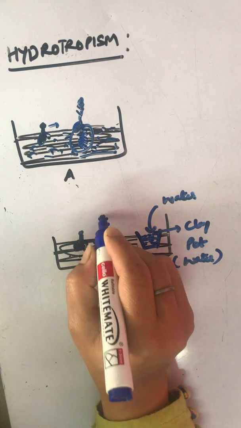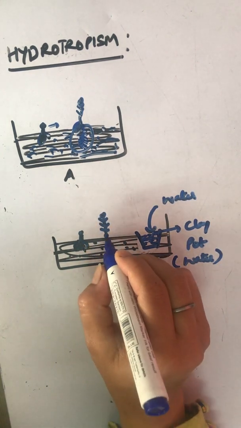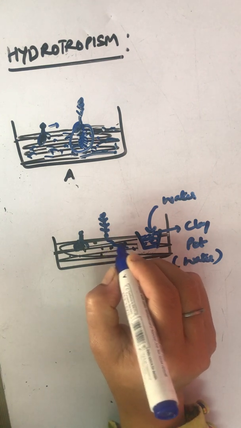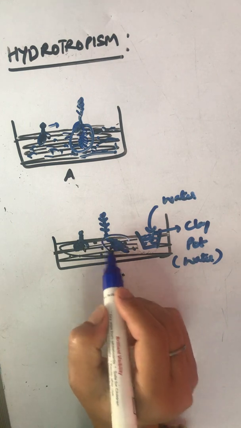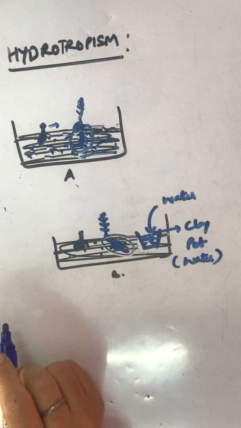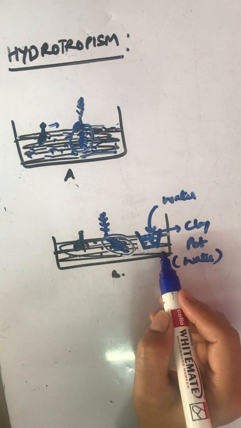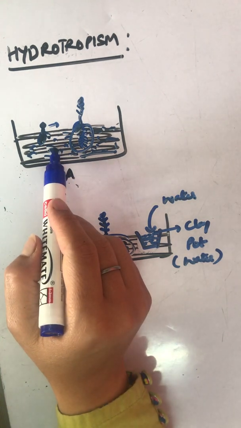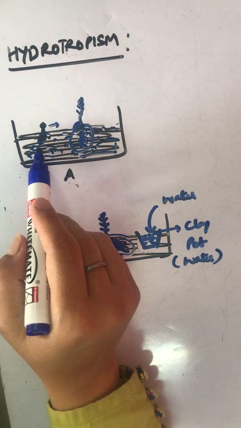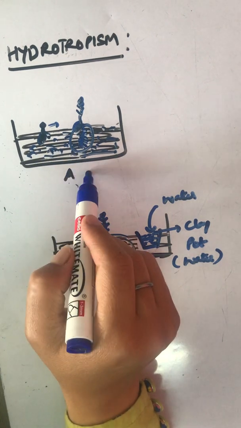The stem is growing upward undoubtedly, but the root of the seedling is growing towards the direction of water. These are not straight as in case A. In trough A, the water fed regularly is made available to the plant, which helps it grow straight downwards.